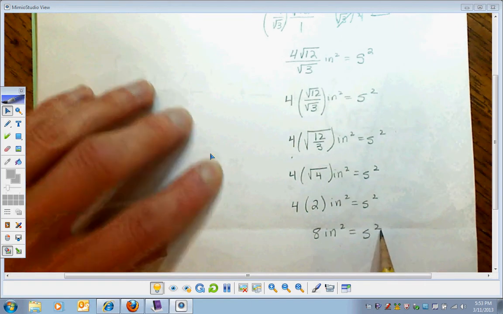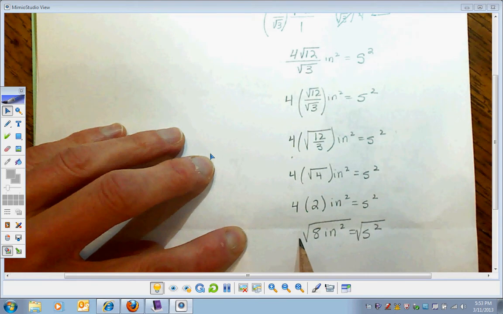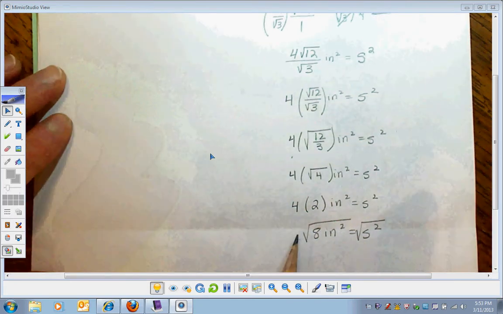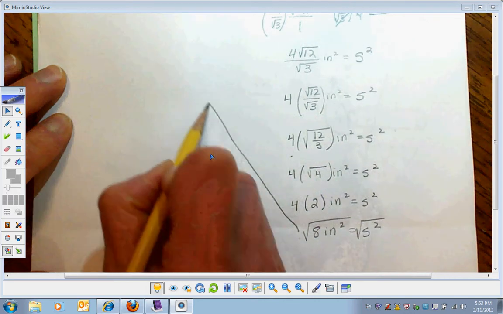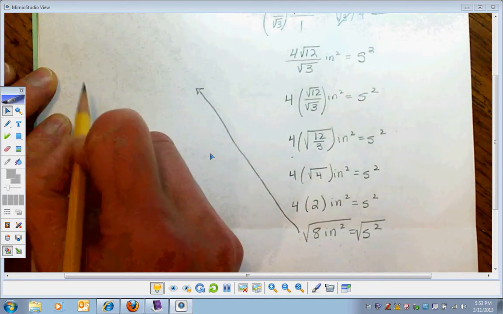So now, as I was saying before, I have to take the square root of both sides. I'm not going to do plus or minus because I'm talking about distance, and distance is always positive. So I'm going to move this up over here because I've kind of run out of room. So I'm just going to rewrite that.